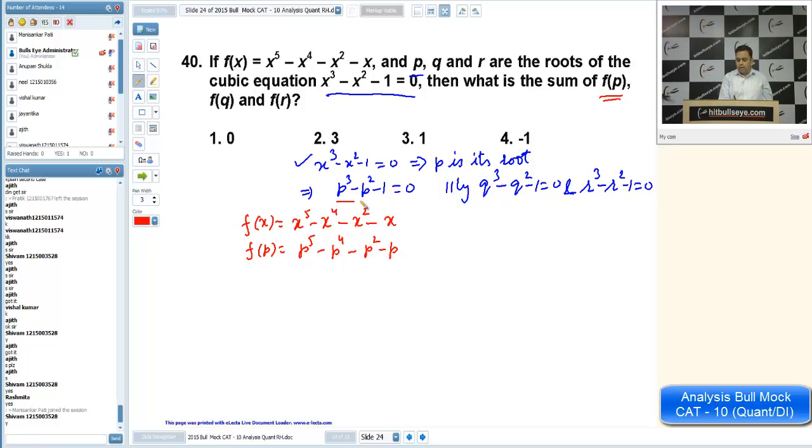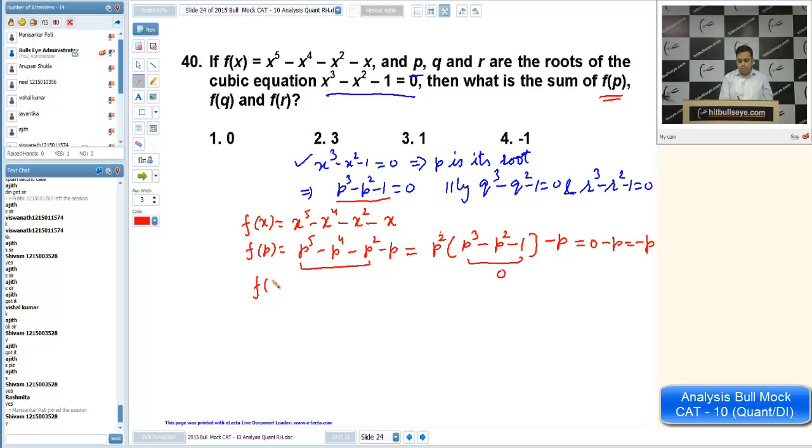Since I have p cube minus p square minus 1 equal to 0, I can write this expression by taking p square common from the first three terms. So it will become p square into p cube minus p square minus 1, minus p. Now since this is equal to 0, it will become 0 minus p, equal to minus p.